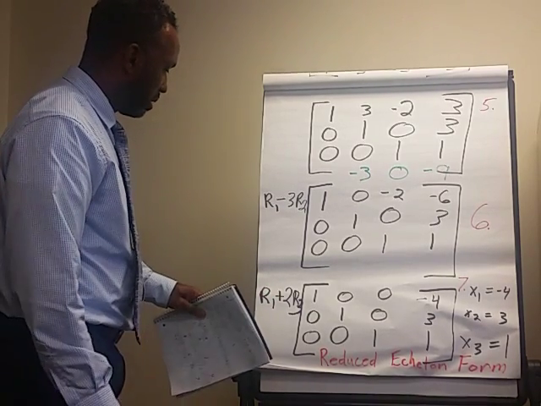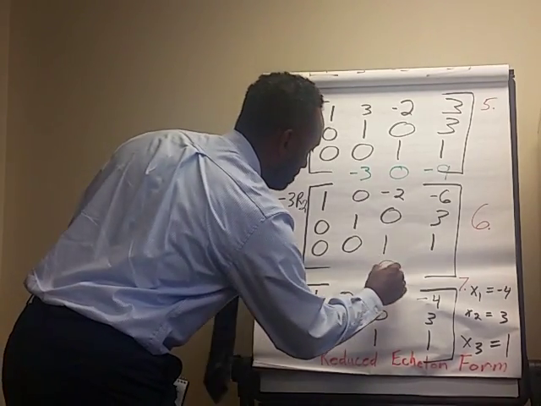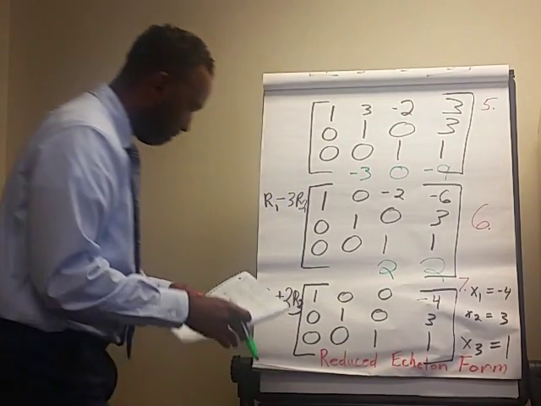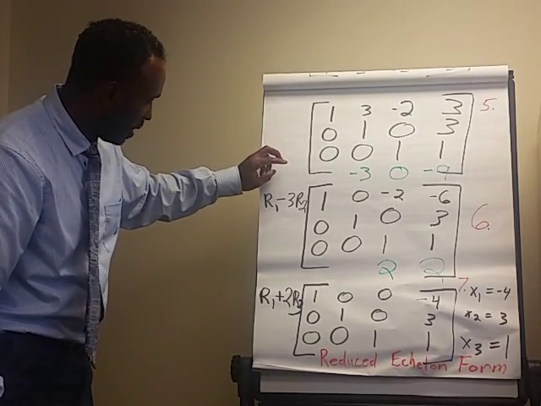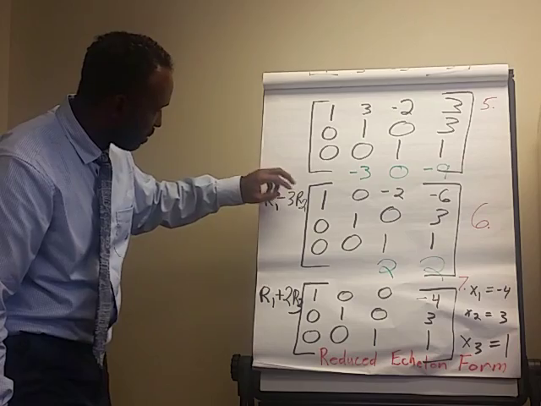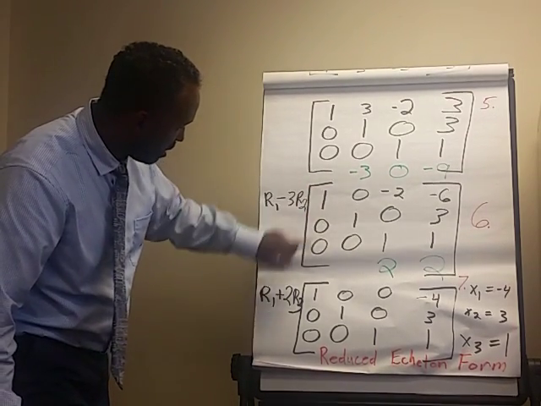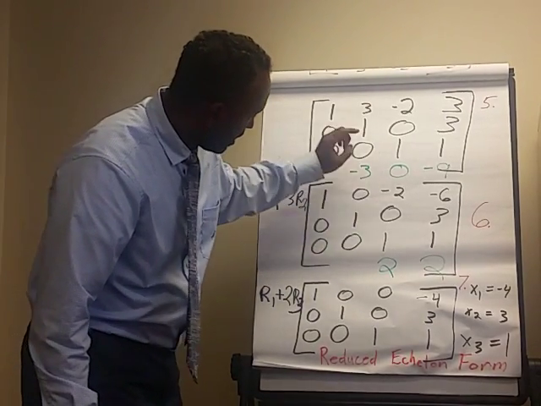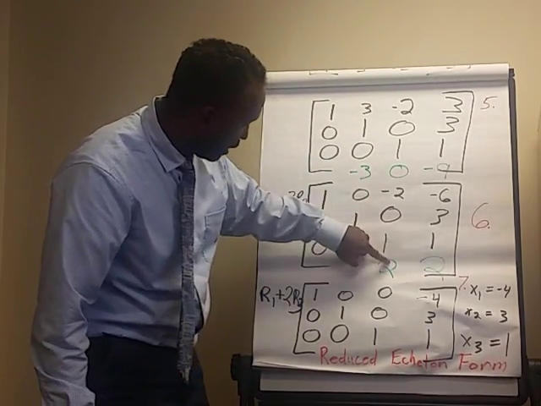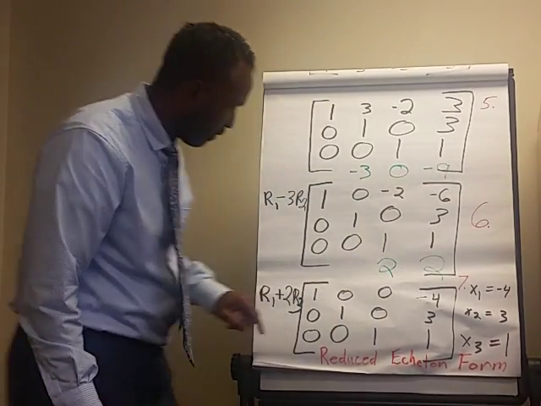So we look at row 3 and multiply that by 2, make a 2 here and put a 2 there. So row 1 and 2 times row 3: 1 and 0 becomes a 0, 0 and 1 becomes a 1, negative 2 and 2 becomes a 0, negative 6 and 2 becomes a negative 4.